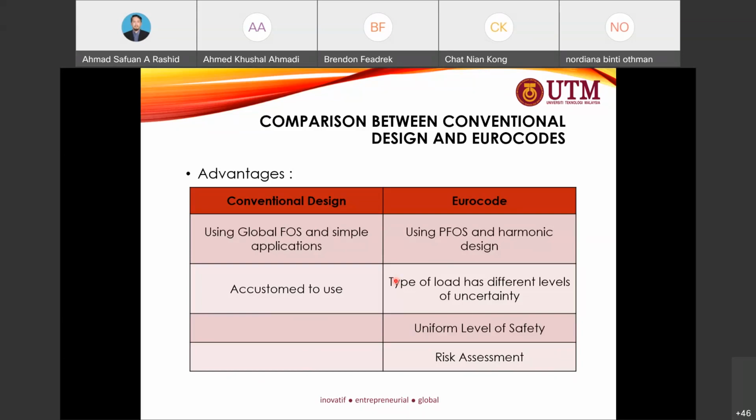Each type of load has a different level of uncertainty, so by using the partial factor of safety, they have different coefficients to be applied on each load. So there is a uniform level of safety, and it also includes a risk assessment, where they include the reliability approach.